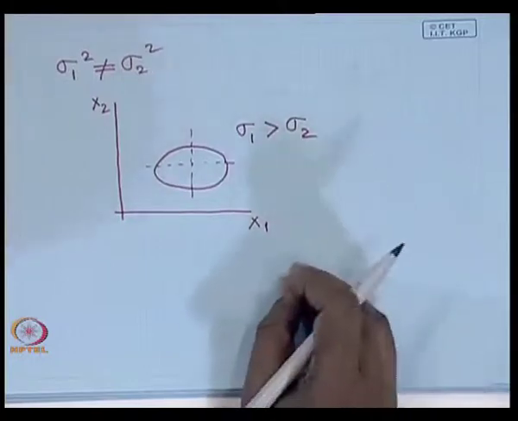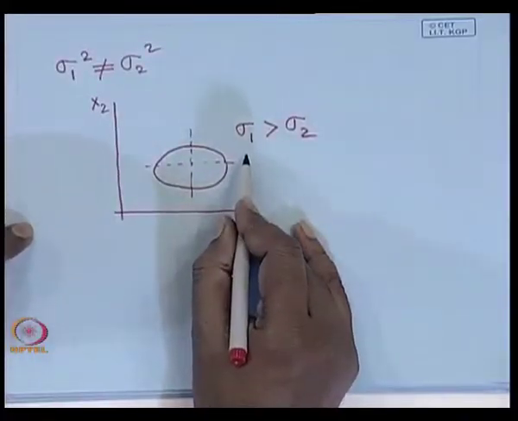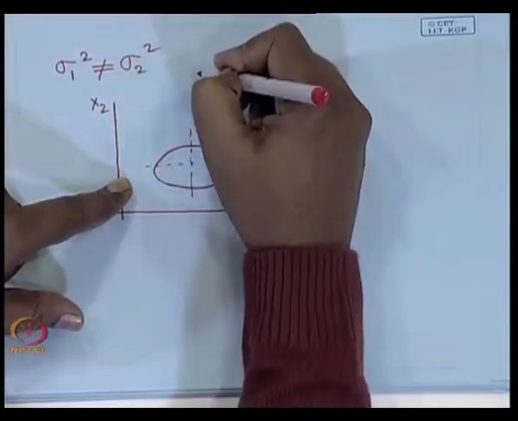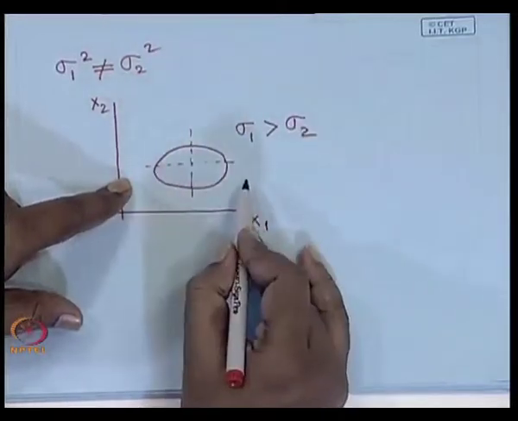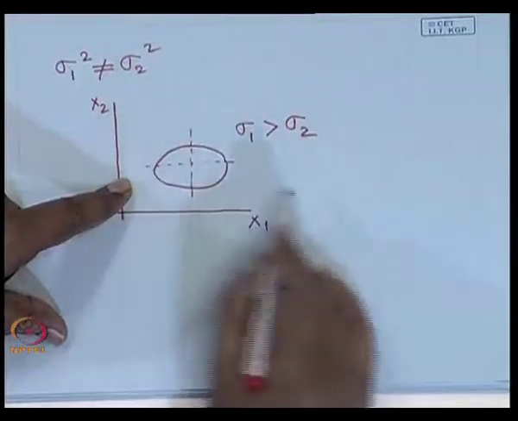That means the spread of points along the x 1 axis is more than the spread of points along the x 2 axis. If sigma 2 becomes greater than sigma 1, that is, the spread of points along the x 2 axis is more than the spread of points along the x 1 axis, then I will have the major axis along the x 2 direction and the minor axis along the x 1 direction.